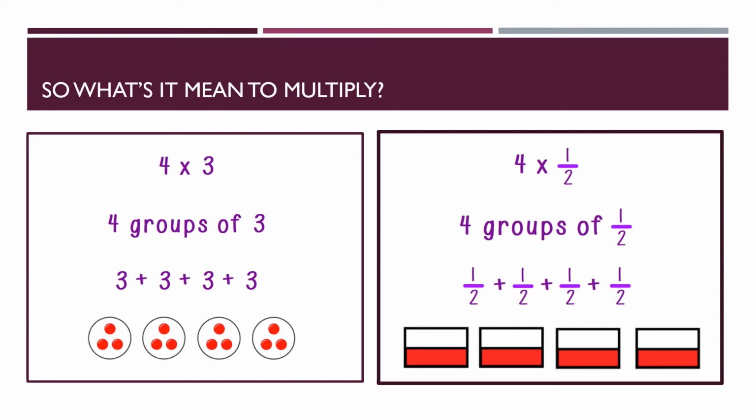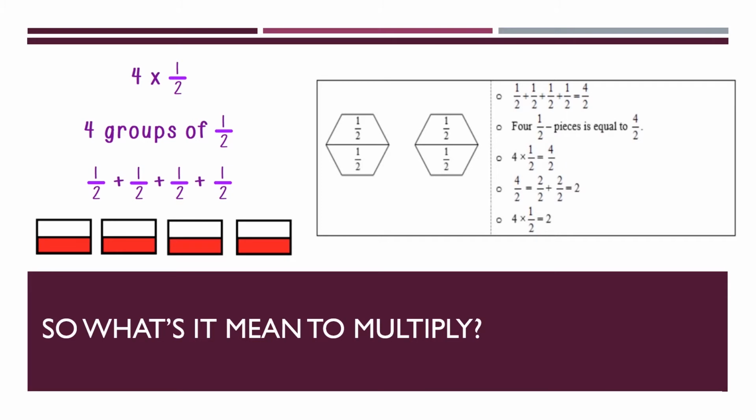Okay. So when we take a look at that, what do we actually have here? If we know in 4 times 3 in that last example, we have 12, right? We know that we can add up 4 groups of 3 and have 12. So very similar here. We're going to take a look at our 4 times 1/2.